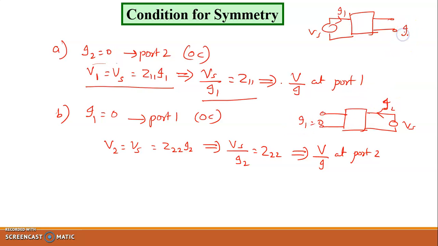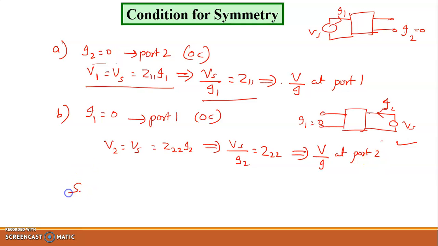In this case 2, I can write V2, V1 is not there, so Vs is equal to Z22 I2. Then I can find the ratio between voltage and current as Vs by I2 is equal to Z22, and this is the voltage to current ratio at port 2.